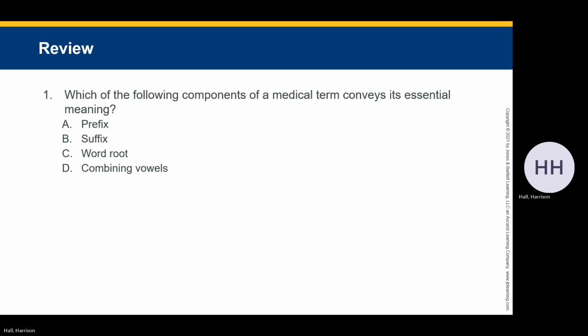ATF, arrived to find. NTG is nitroglycerin.